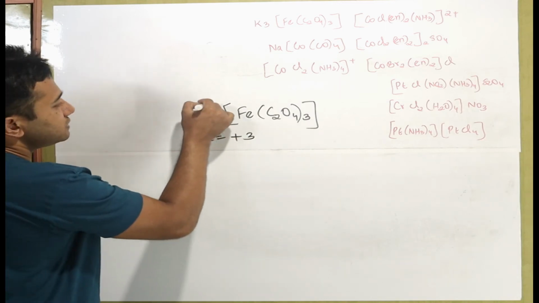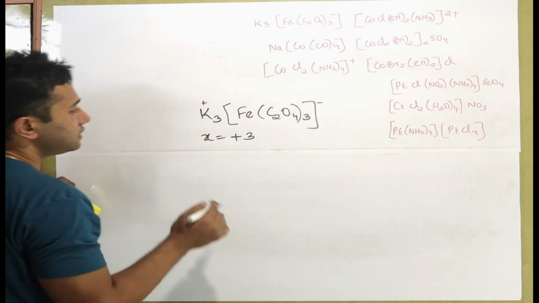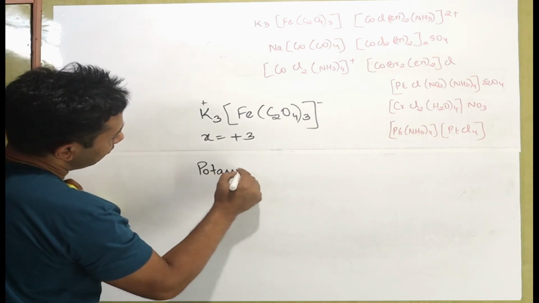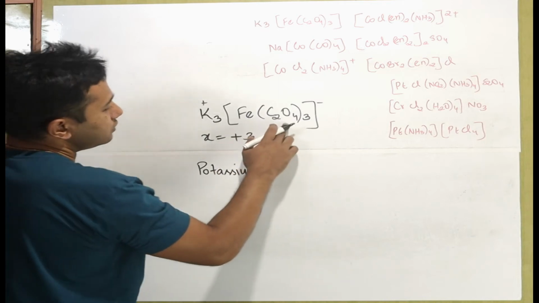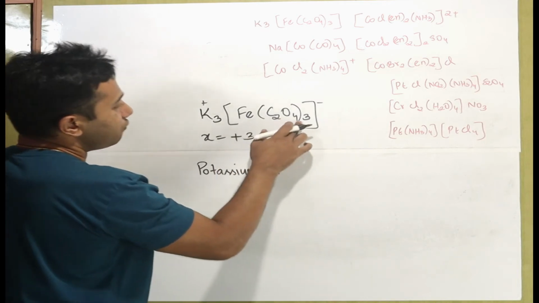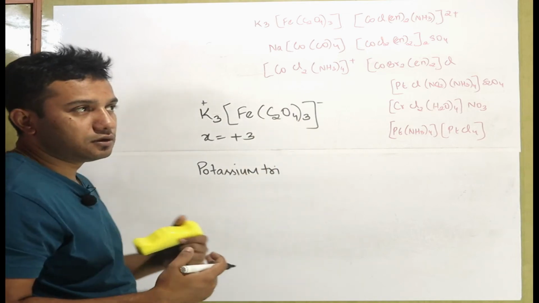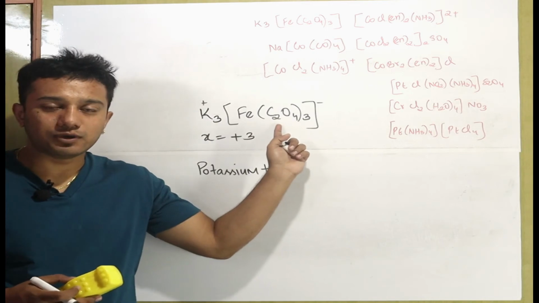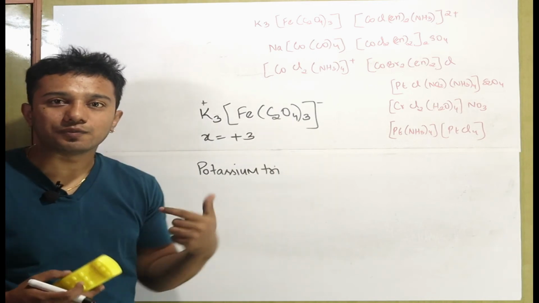So if potassium is plus, coordination pair will be negative. We have potassium 3 tri, C2O4 is oxalate. Since this is negative, right, we have -2 out here, it will be oxalato.